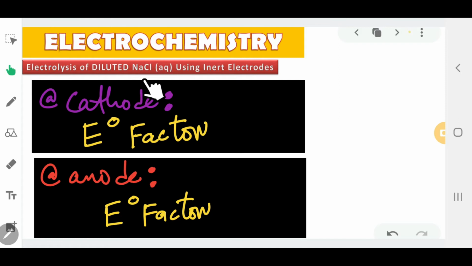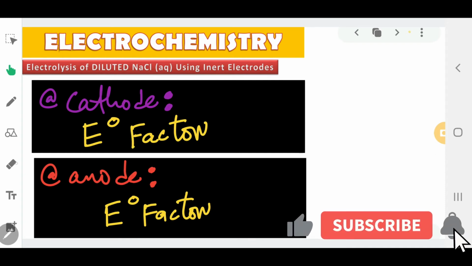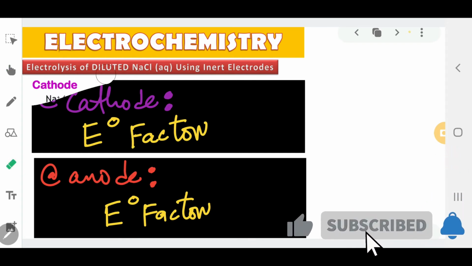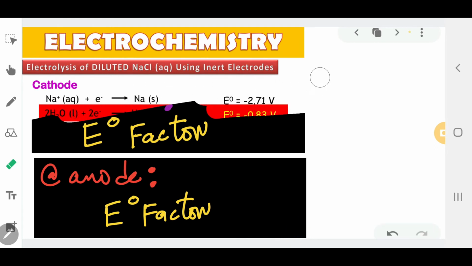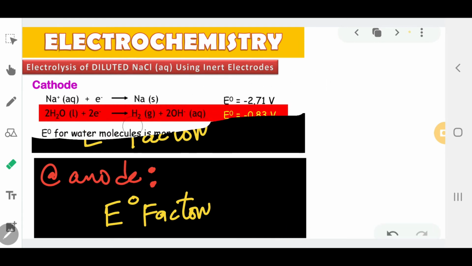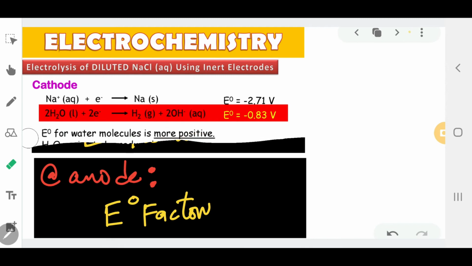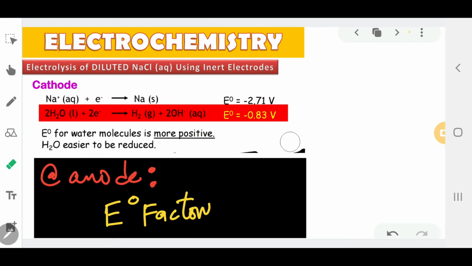To identify the products of this electrolysis of dilute sodium chloride aqueous, we're going to look at the factor of standard reduction potential. For the cathode, you are going to be looking at the standard reduction potential value between the Na plus and the water molecule.